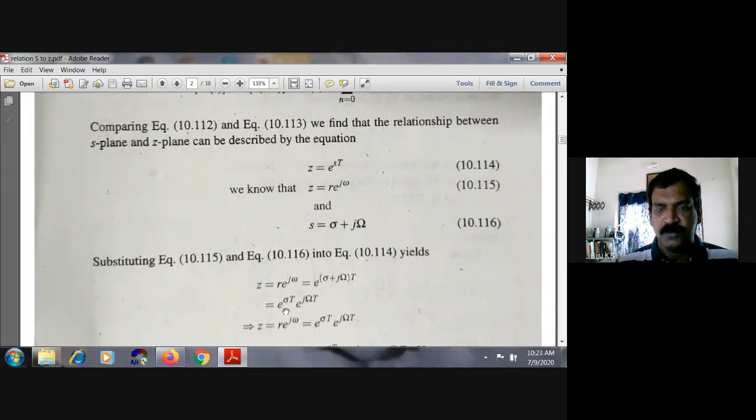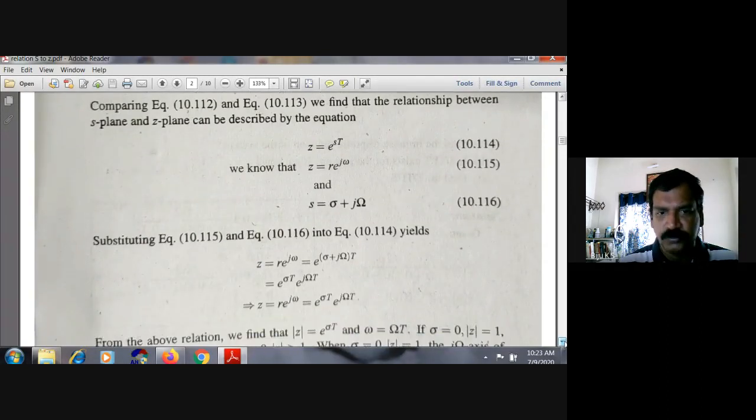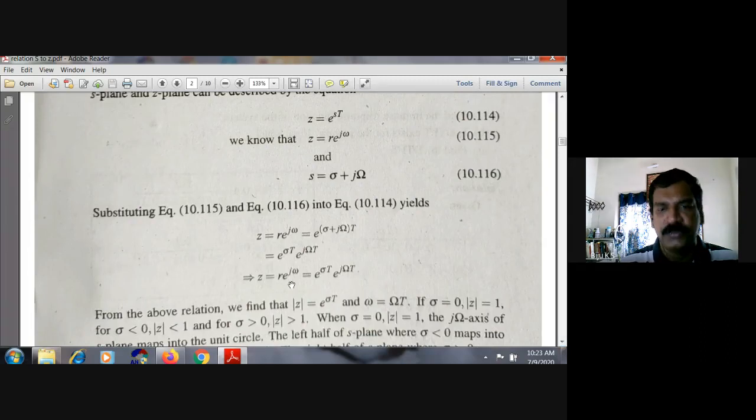So this is equal to e raised to sigma t and e raised to j capital omega t. Okay.